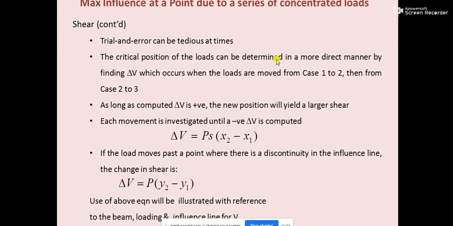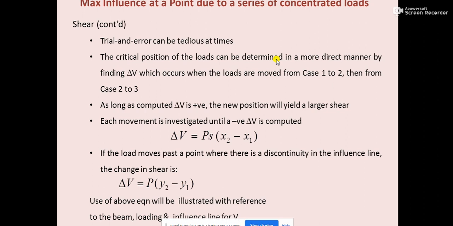Delta V or delta M is nothing but the change in shear. That means if the series of concentrated loads moves from position 1 to position 2, you will have to just calculate the value of the change in the shear force.